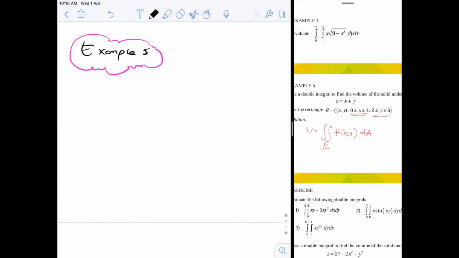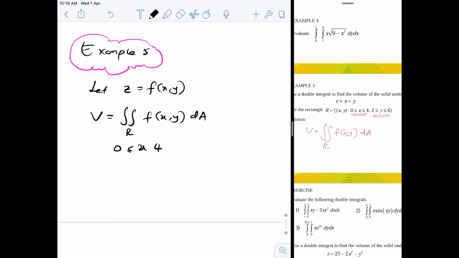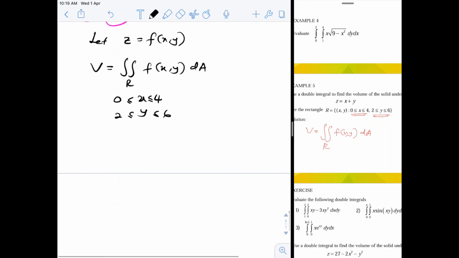First of all we need to let z equals f(x,y). So the volume is the double integration over region R, f(x,y) dA. We know that x is from 0 until 4, and y is from 2 until 6.